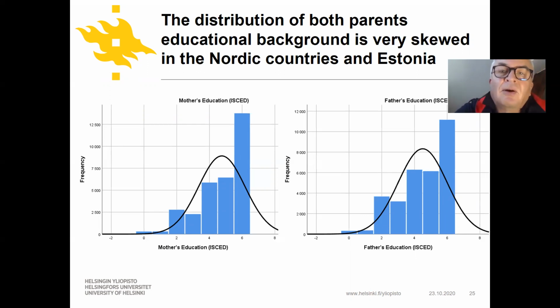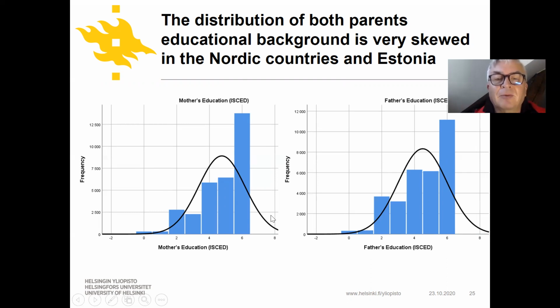The distribution of the kids' parents' educational background, so they have gone to school. This is the distribution of the educational backgrounds of mothers and fathers in the Nordic countries and Estonia. So from the PISA data of this course, you can see here that already something is visible.